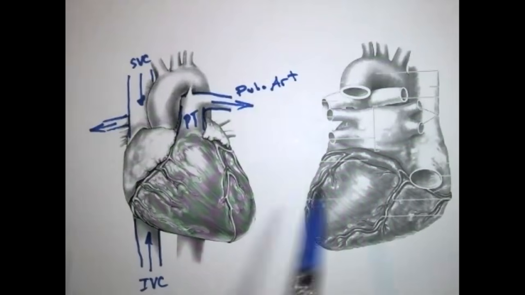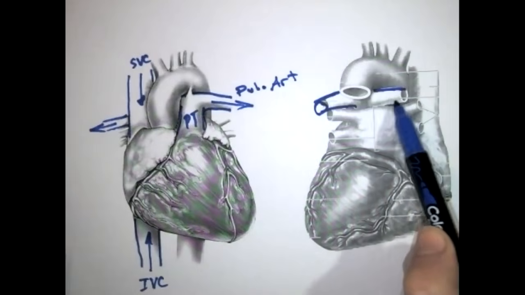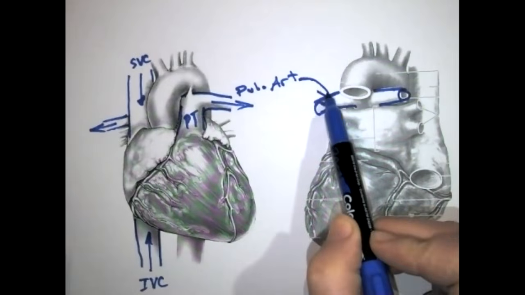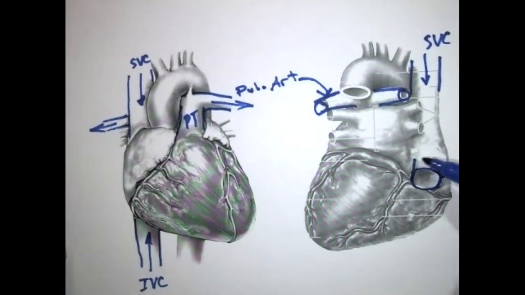On the posterior side of the heart, we can actually see these tubes here as well. So this nice T. This is the SVC. And this big, wide, cavernous vein is the IVC.